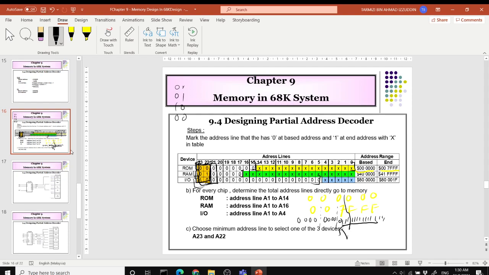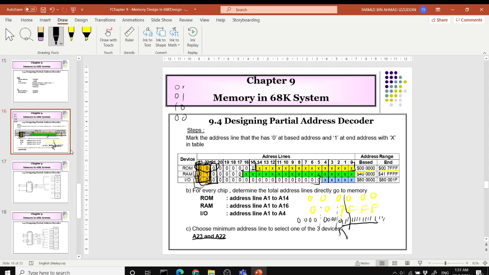So if you have 5 devices, you use 3 bits. Now we have identified that the number of address lines we can use is 2 bits, which are A22 and A23.